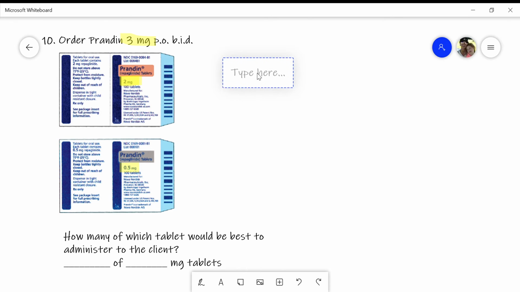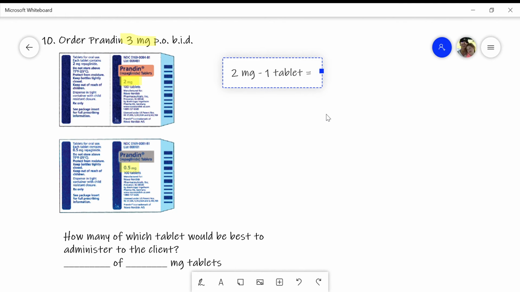Yep, 2 milligrams. Yeah, they like to throw so much more information in there to get you to think.